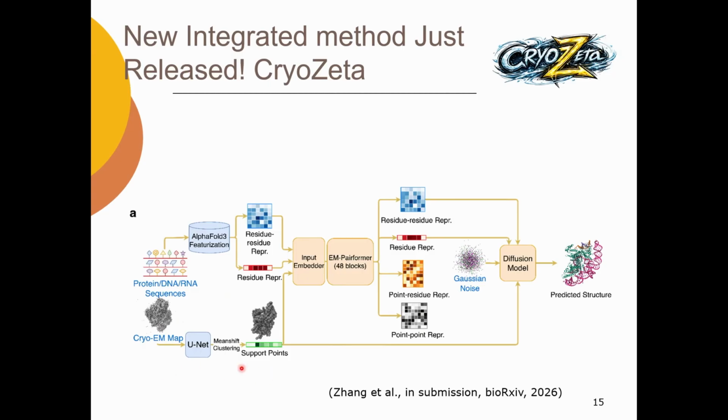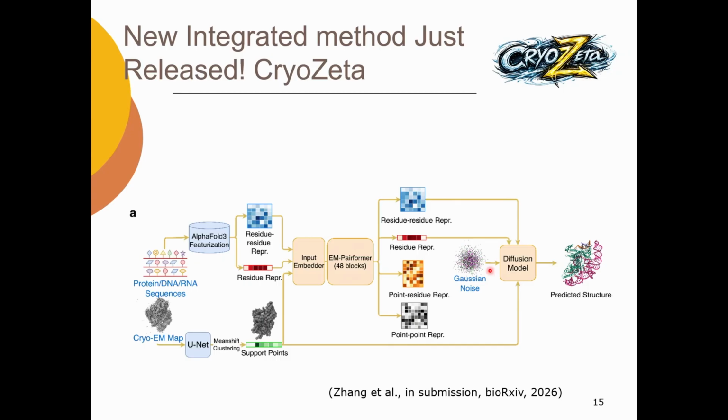From the cryo-EM map, first we apply deep learning methods to identify atom positions. Then there is an attention between the identified atom positions in the cryo-EM map and the amino acids in the sequence, and those conditions are put into the diffusion model, which generates the structure.